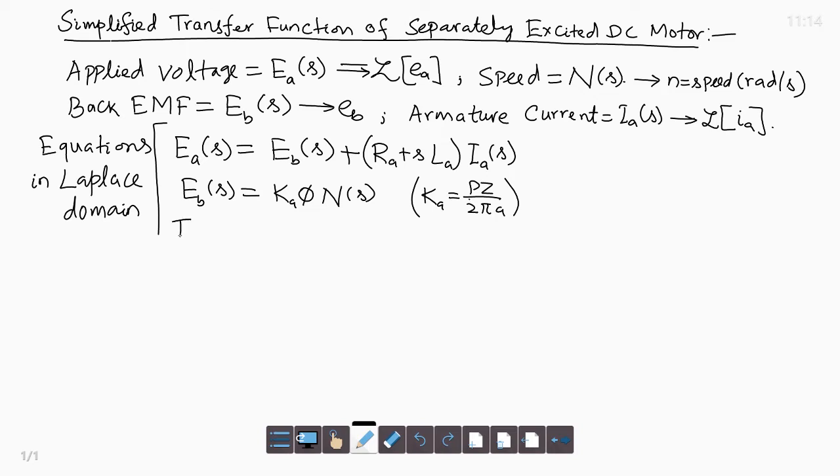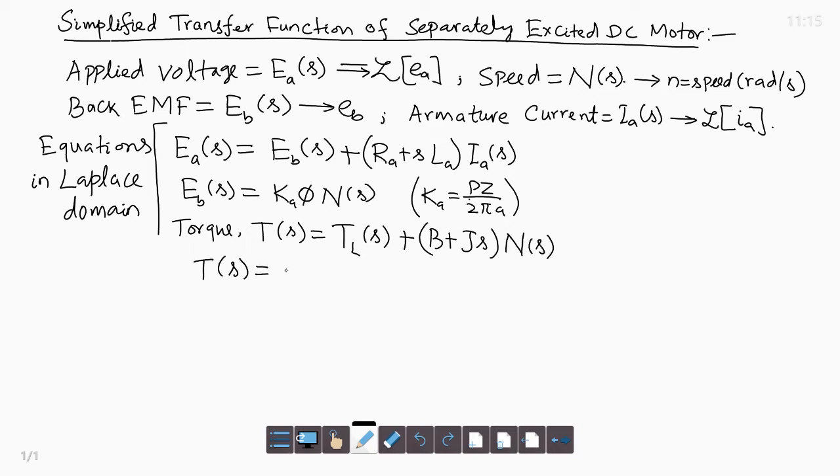Then the developed torque T(s) is the load torque TL(s) plus (B plus Js) times speed N(s), and the developed torque T(s) is Ka phi into IA(s). So these are the equations in the Laplace domain.